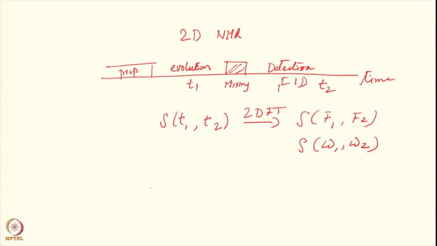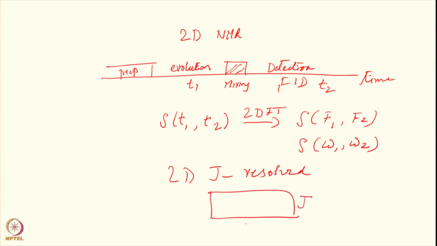We took a particular example of 2D spectra, the 2D J-resolved spectroscopy, where along the two frequency axes we had J on one axis and delta on the other. So, this became a 2D separation experiment: the coupling constant is on one axis and the chemical shift is on the other.